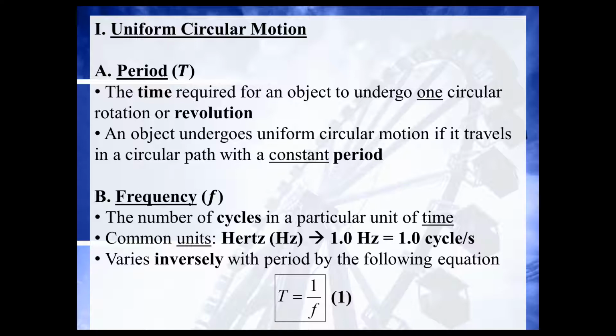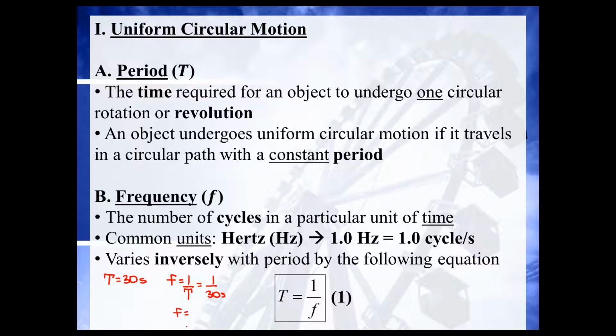Let's give it a quick example of this, just to talk about what the frequency of this Ferris wheel might actually be. So I said, let's assume that the period, so capital T, is 30 seconds. That seems reasonable. 30 seconds for you to go around the Ferris wheel one time. If I take this equation and manipulate it for the frequency, it would just be frequency is equal to 1 divided by T, which would be 1 over 30 seconds.